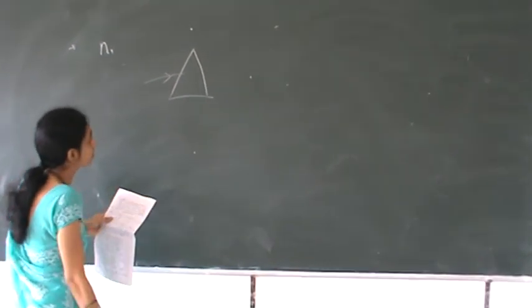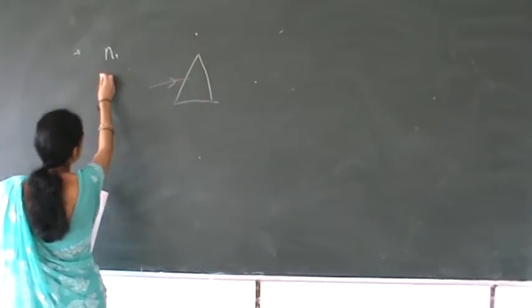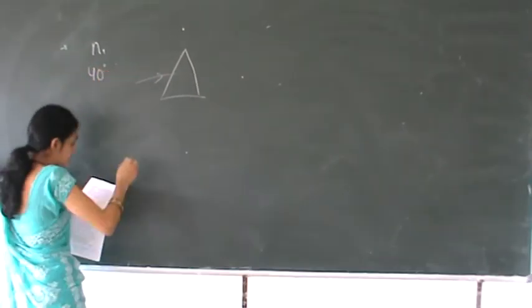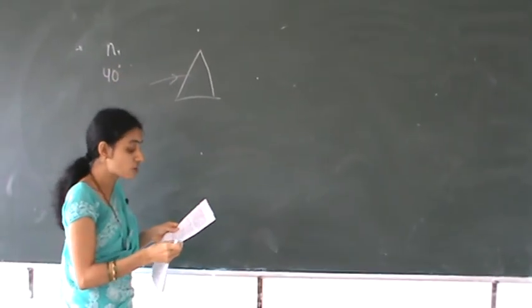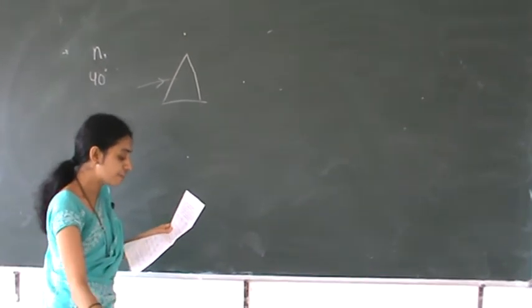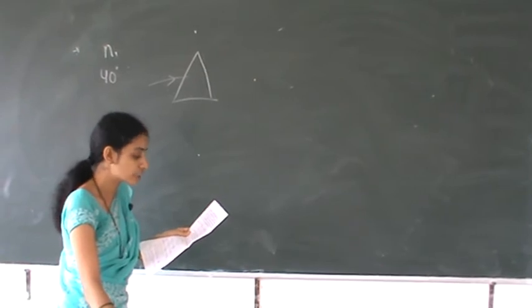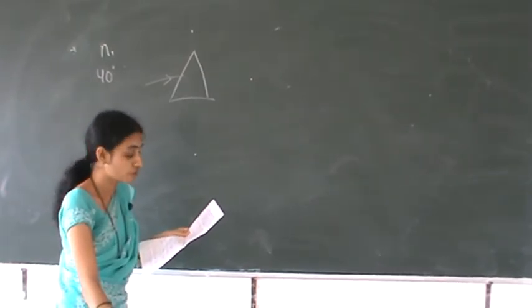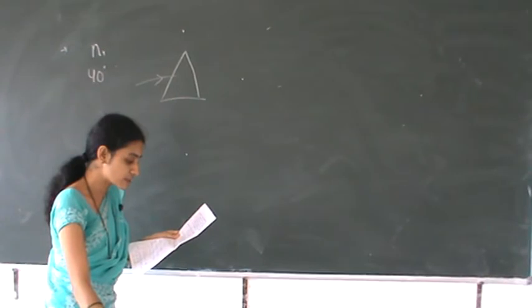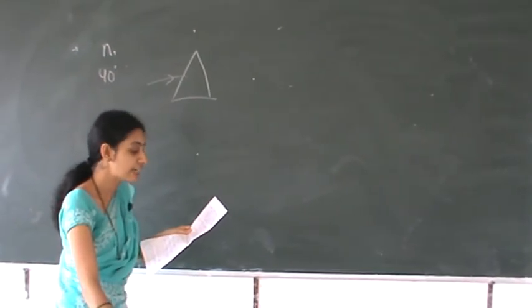The minimum angle of deviation is measured to be how much? 40 degree. Next, what is the refractive index of the prism? The angle of the prism is given as 60 degree.